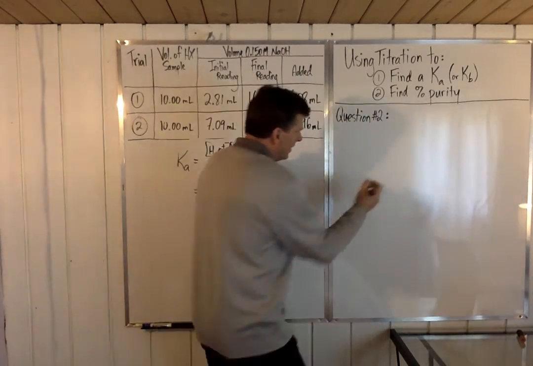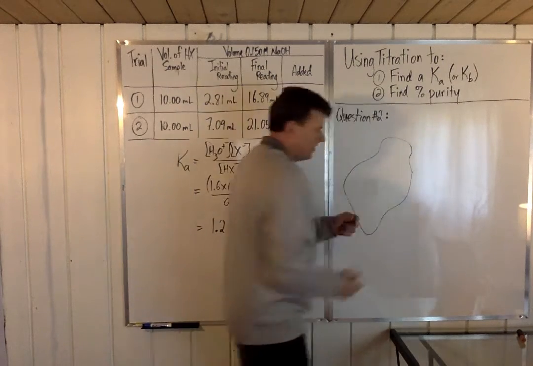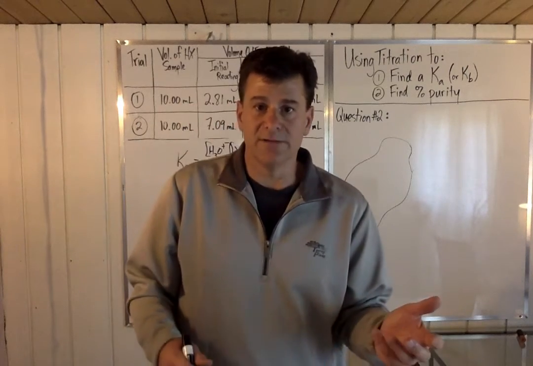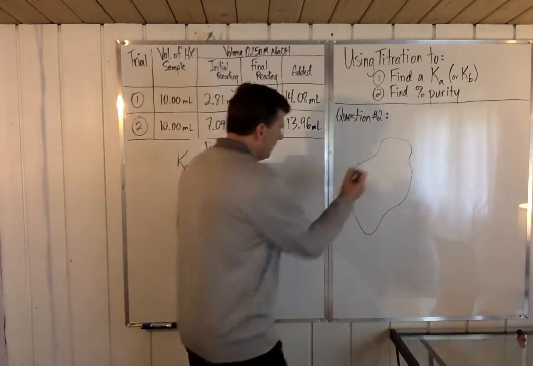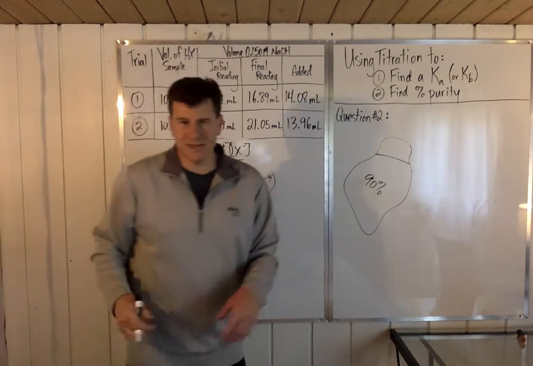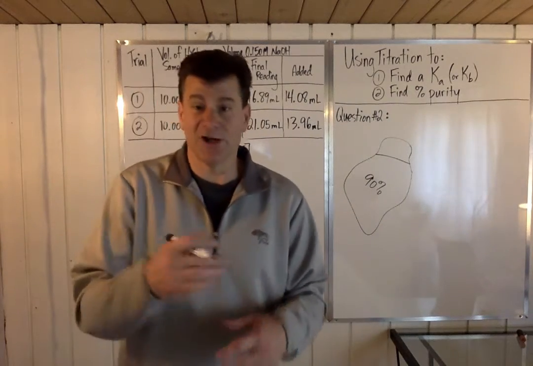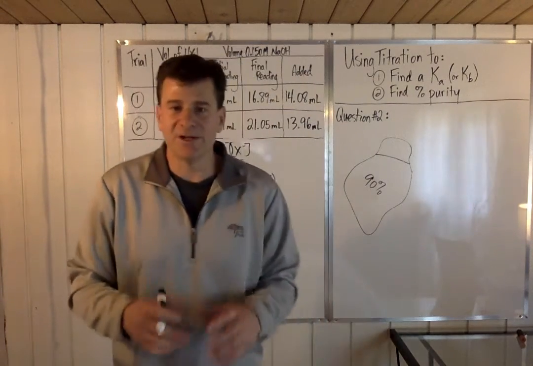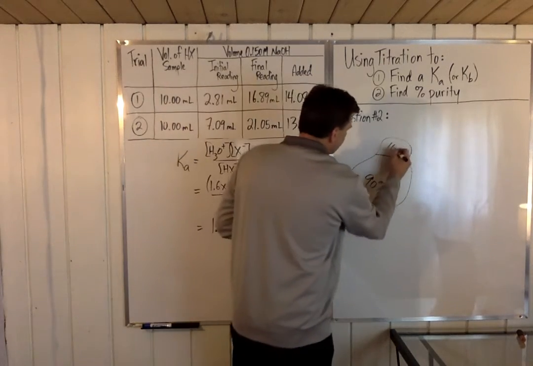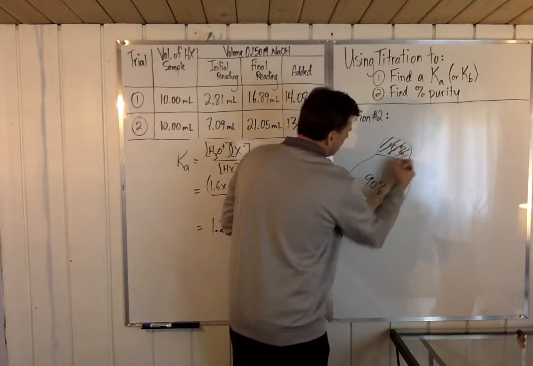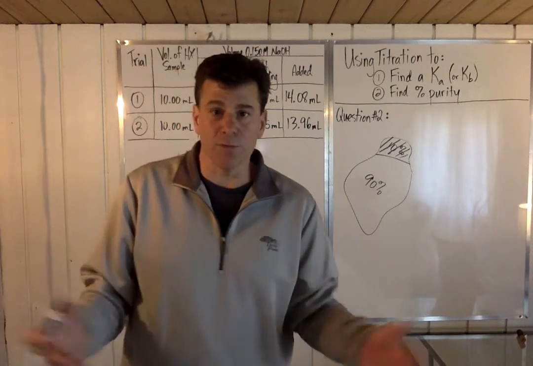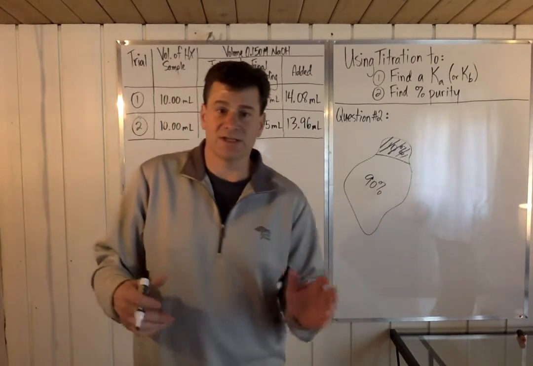It's almost as if I had a giant chunk of chemical and it was, say, only 90% pure. That means 90% of that chunk is the actual chemical we're talking about, and 10% of the mass would be impurities, things that won't react, they're not doing what you expect them to do, they're just mixed in.